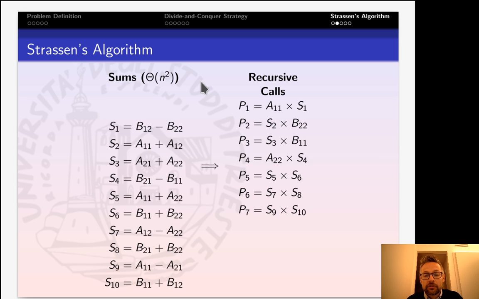Okay, so he was basically a mathematician, and so he performed a lot of testing, and he discovered that by doing all these operations, it is possible to avoid one block multiplication in the recursive call. Okay, and this is enough. We will see this is enough to reduce the complexity of the overall algorithm.